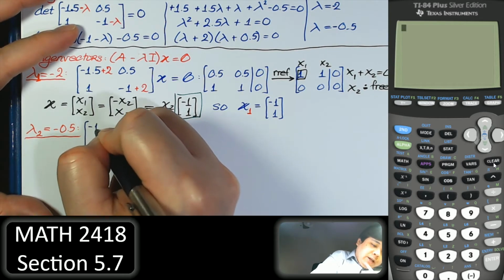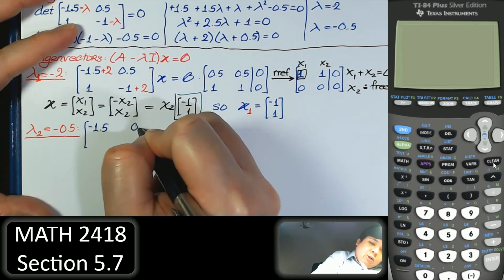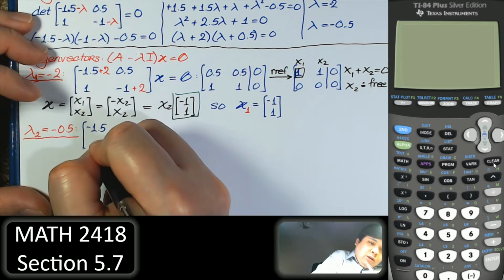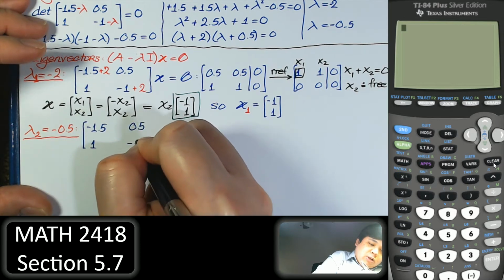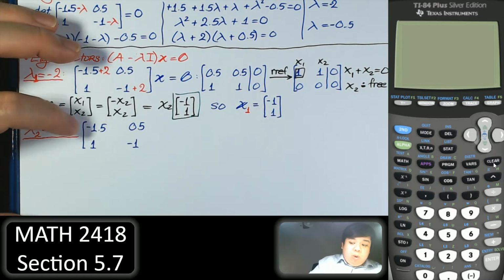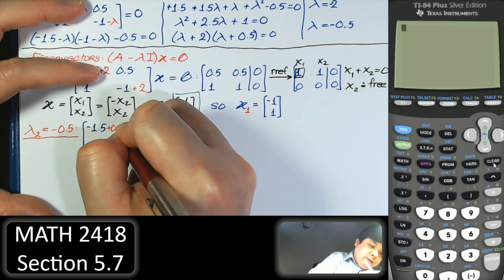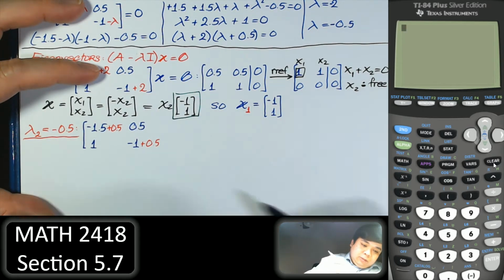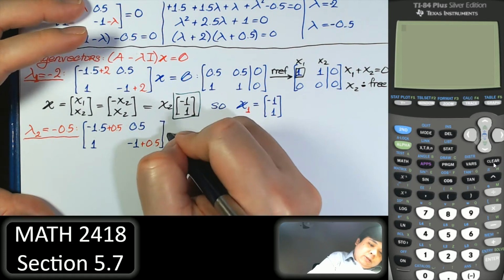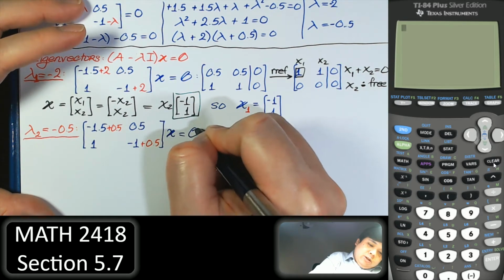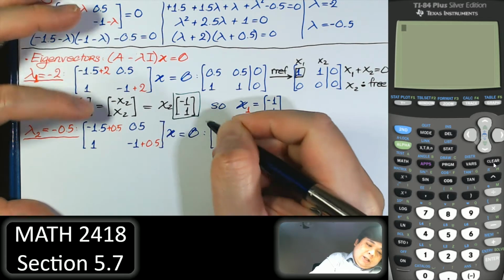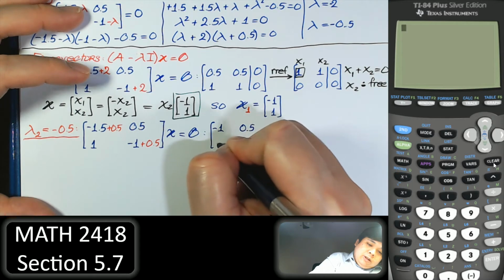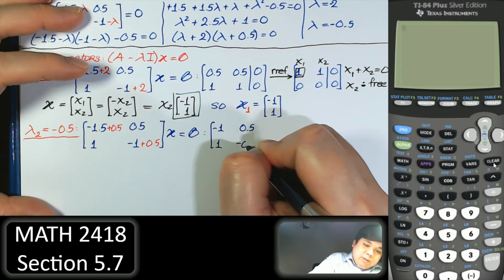Negative 1.5, 0.5, 1, and minus 1. Minus negative 0.5, so that's a plus 0.5, times x equal to 0. So that's negative 1, 0.5, 1, negative 0.5.